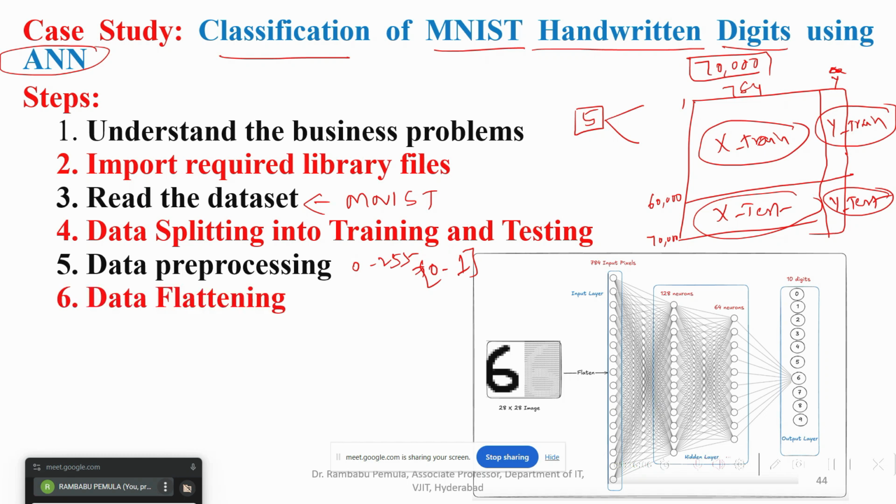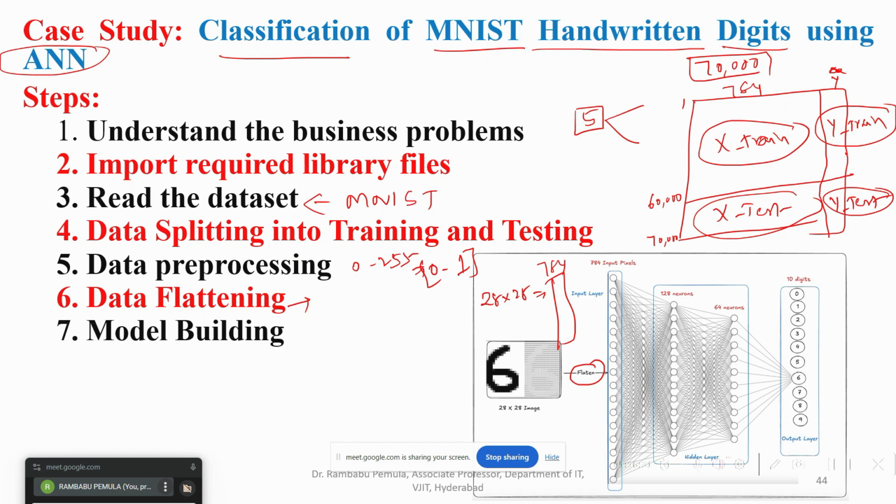After pre-processing, the next step is flattening. Flattening is nothing but converting all the 28 by 28 pixel values, all 784 features, into a single vector.